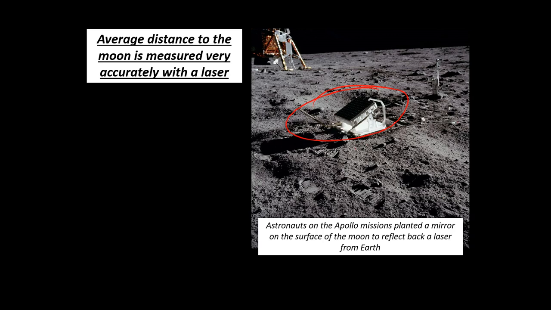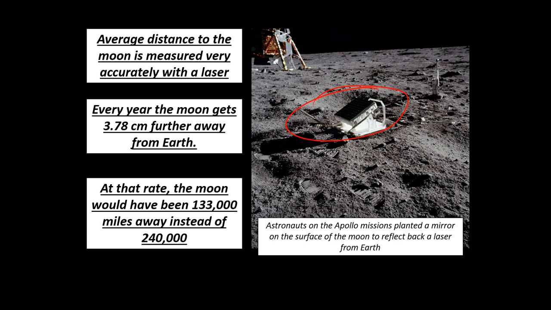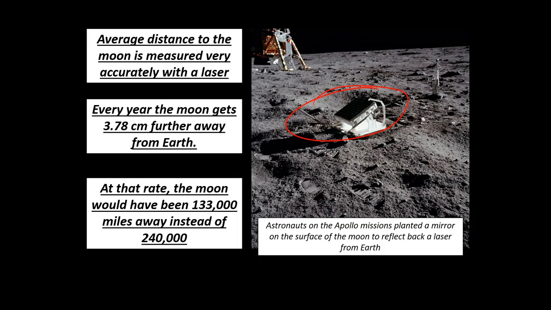And that's how we get an extremely precise distance from here to the moon. Every year the moon gets about 3.78 centimeters further away from Earth. So if you do the math and go backwards, you'll notice that the moon would have been 133,000 miles away instead of 240,000. Okay. So it was very close at that time.